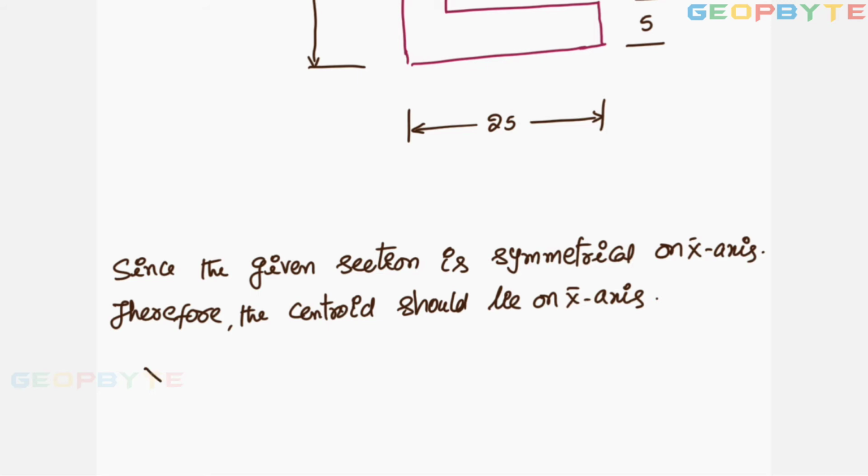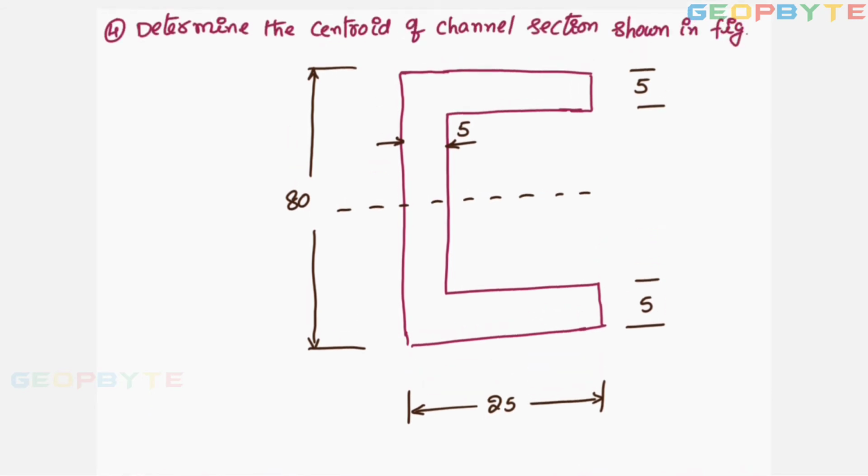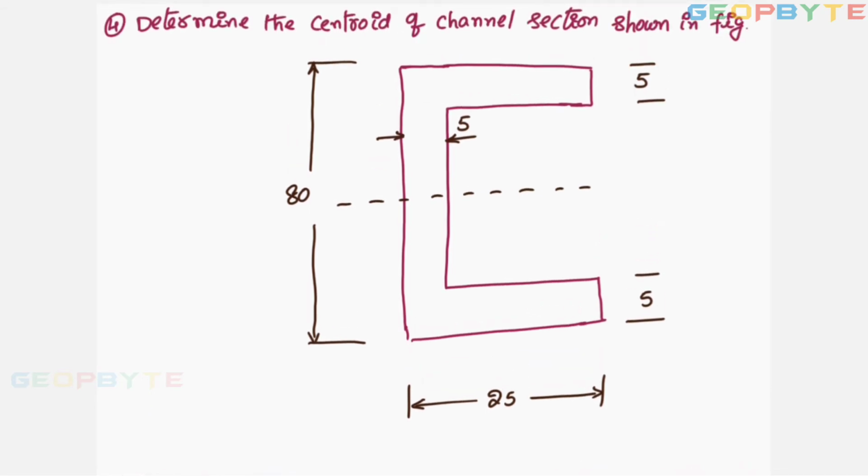Therefore, x bar equal to a1 x1 plus a2 x2 plus a3 x3 divided by a1 plus a2 plus a3, because it has three sections. Look at the diagram. Now let us cut the whole C section into three sections like this.